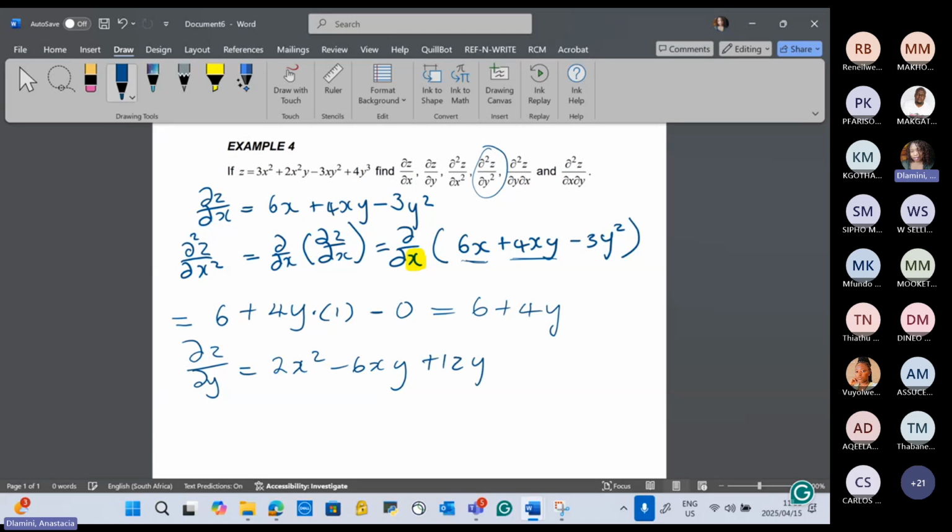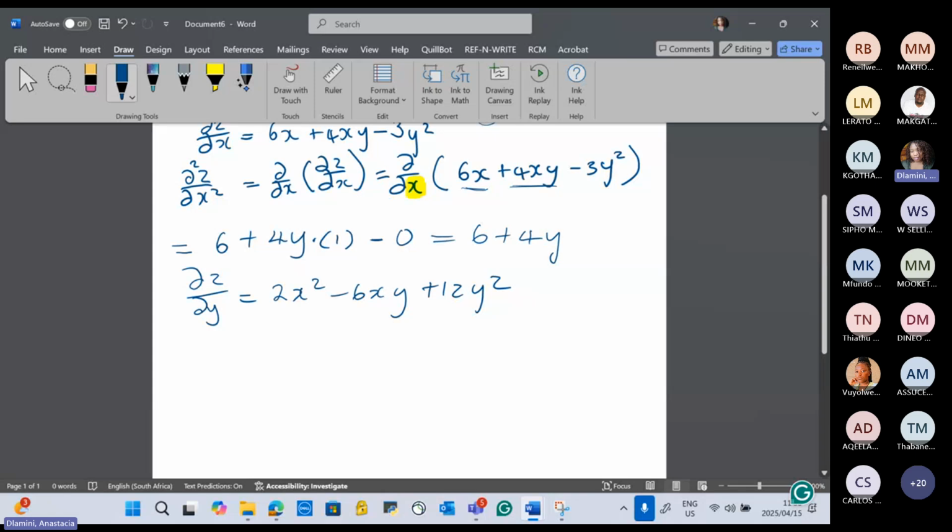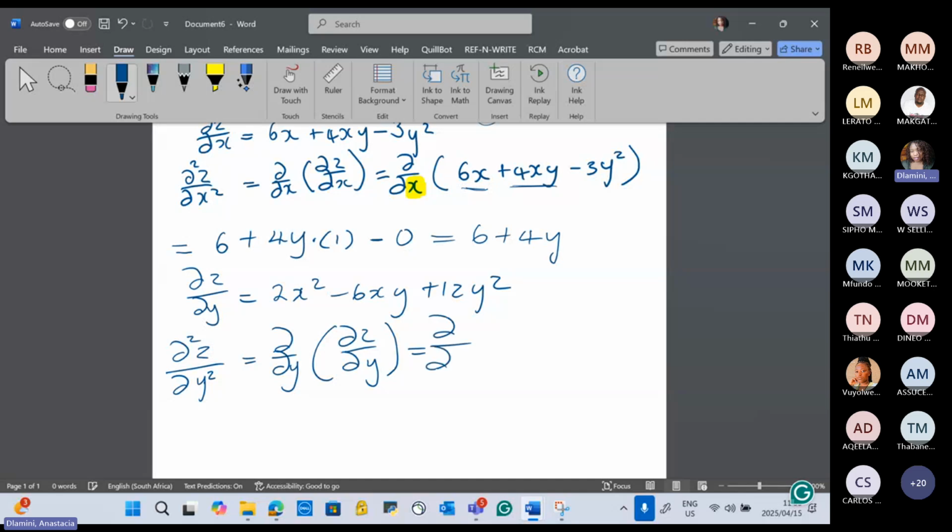So they want us to find the second order partial derivative with respect to y, partial squared z over partial y squared. We say partial y of the partial z partial y, so that's partial y of 2x squared minus 6xy plus 12y squared.